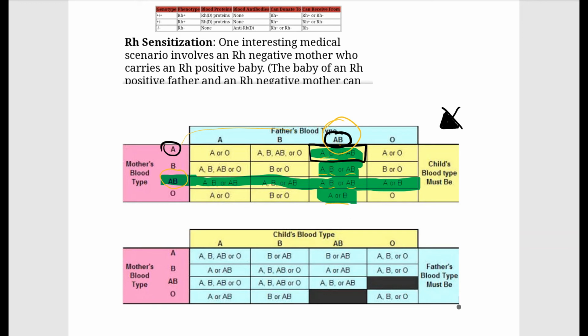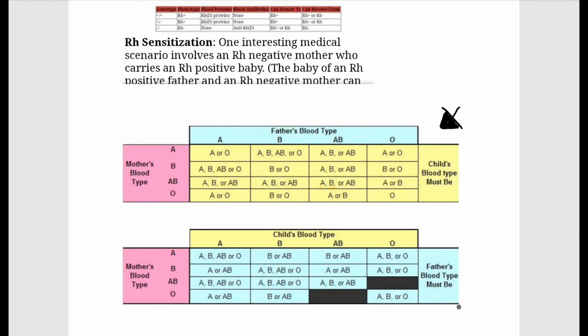Except when it's interacting with blood group O. So that is the first thing to remember, that AB will never ever produce an O. Second thing, an AB with an O will only produce two outcomes, an A or a B. Then we can move on to interactions with A blood type groups.